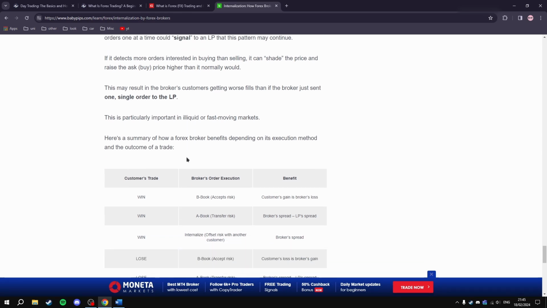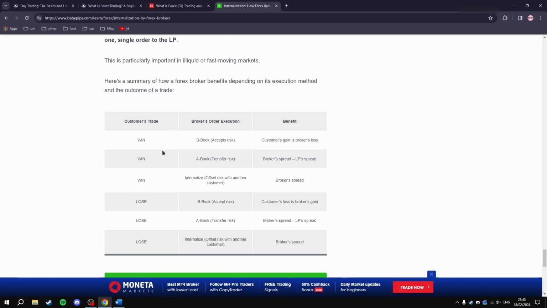Here's a summary of how a forex broker benefits depending on its execution method and the outcome of a trade. So, customers trade, they win the trade. Broker's order execution, B-book, accept risk. Benefit: customer's gain is broker's loss. Customers win, A book transfer: broker spread minus liquidity provider spread.